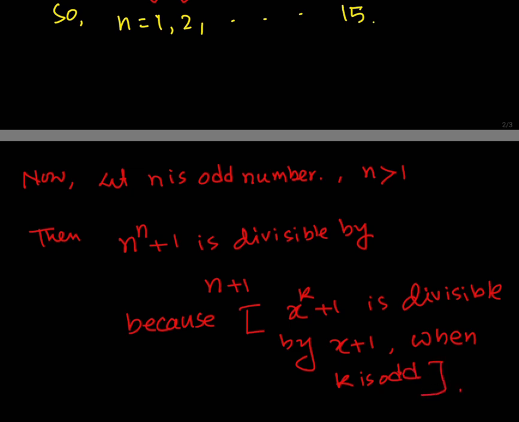That is a very general result. So here n is odd, so n to the power n plus 1 must be divisible by n plus 1 for n greater than 1.